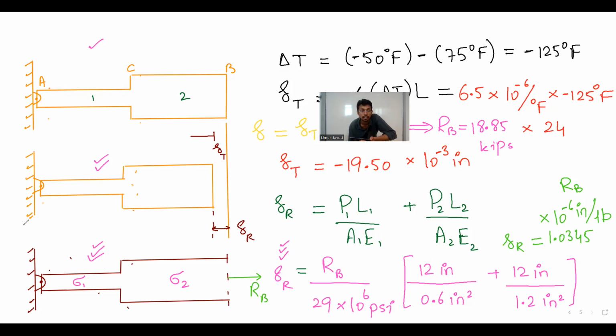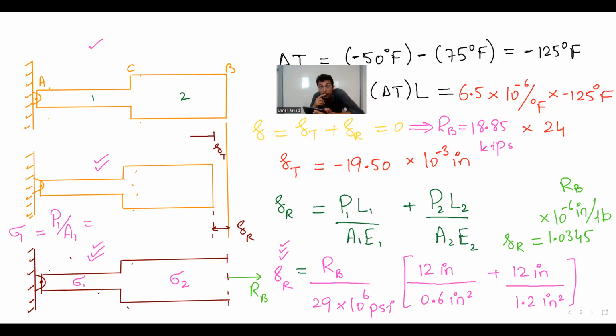So stress 1 will be, anyone? Make a cut. What is the force? It is RB divided by area. So it will be P1 over A1, which is equal to 18.85 kilopounds. How many students agree? 18.85 kilopounds divided by the area, 0.6 inch square, will be 31.42 kilopound per square inch, correct?